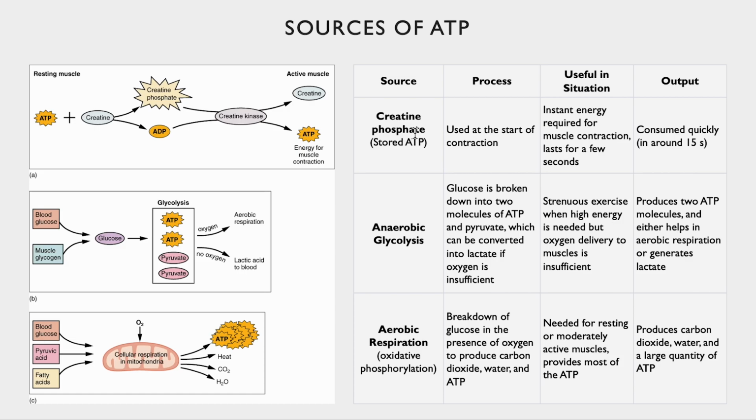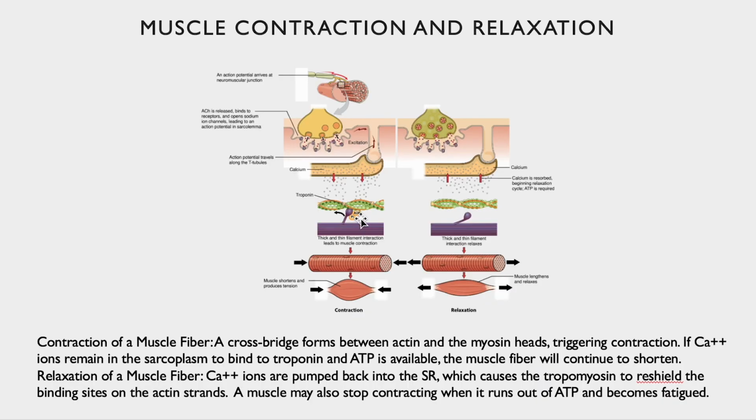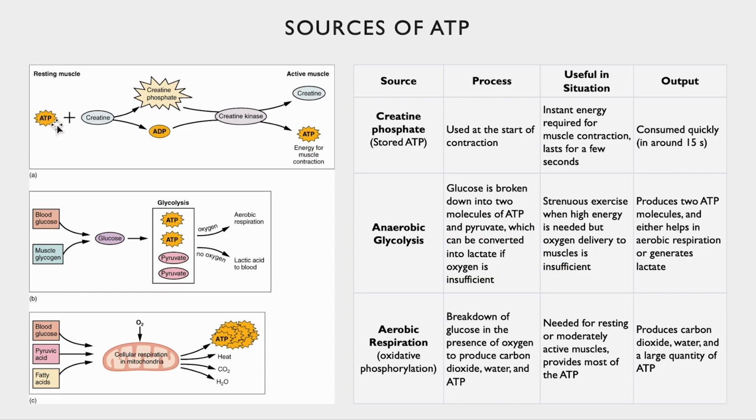Every time we use an ATP in the muscle, we obtain ADP and phosphate. Now this ADP will be released and we need to attach another phosphate to it to form ATP, adenosine triphosphate, and that is the role of creatine phosphate.